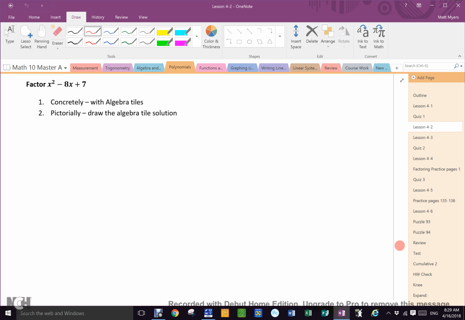There's 1 x squared. Got it. 1, 2, 3, 4, 5, 6, 7, 8 negative x's. Got it. And 1, 2, 3, 4, 5, 6, 7 ones. Positive. Got it. And you can all see that it makes a nice, tidy rectangle. Is everybody with me? Okay.